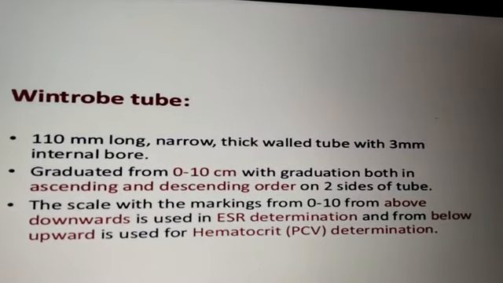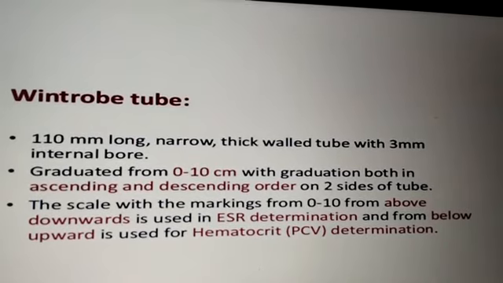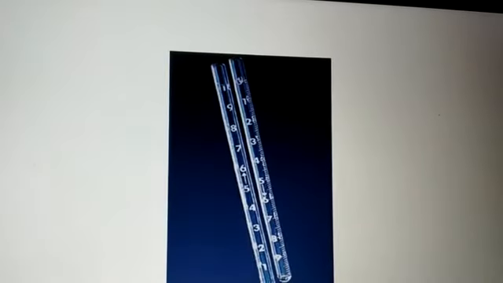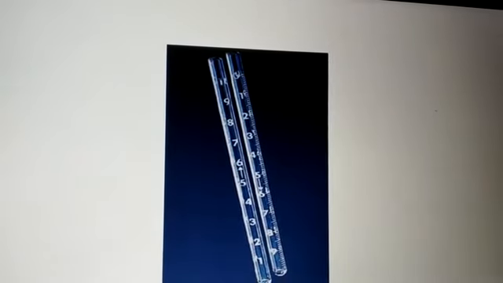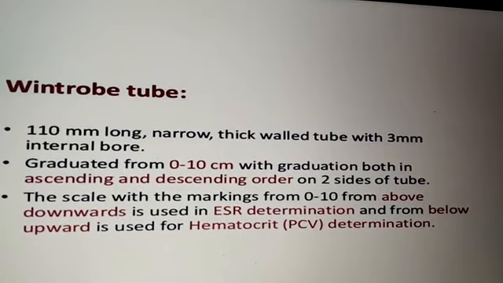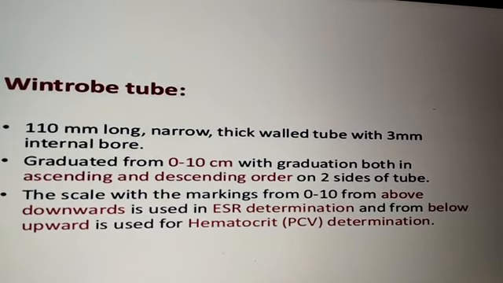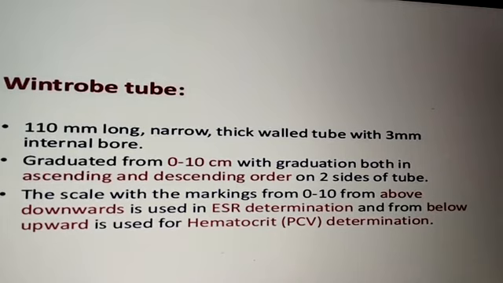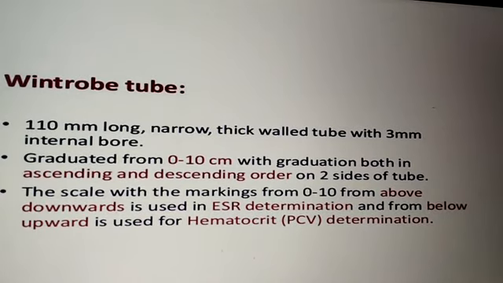So next, before starting the procedure, we have to know about the Winthrop tube. You can see this one is the Winthrop tube. Winthrop tube is 110 mm long, a narrow, thick-walled tube with 3 mm internal bore, and it is graduated from 0 to 10 cm with graduation both in ascending and descending order on two sides of the tube.